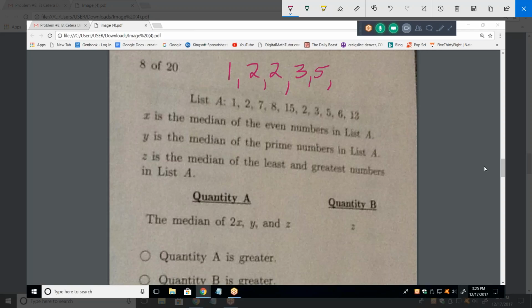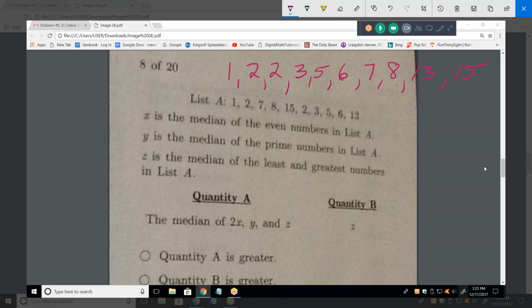Which is unfortunate because it takes time, especially when there's a long list of numbers, and it's easy to omit one. So the way I always check is 1, 2, 3, 4, 5, 6, 7, 8, 9, 10. 1, 2, 3, 4, 5, 6, 7, 8, 9, 10. I didn't miss any.